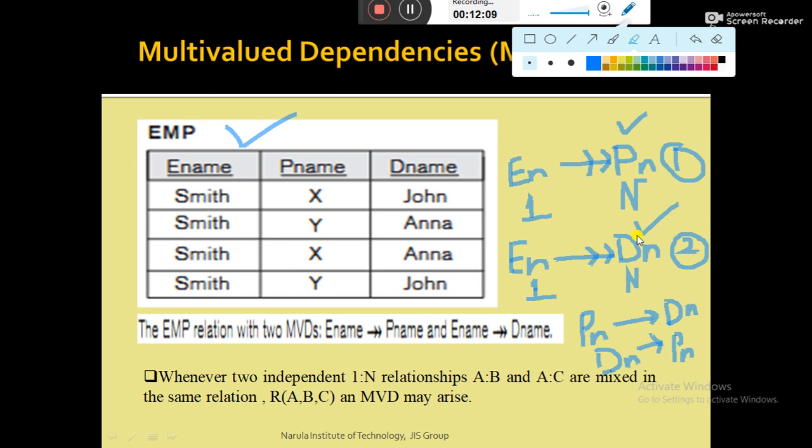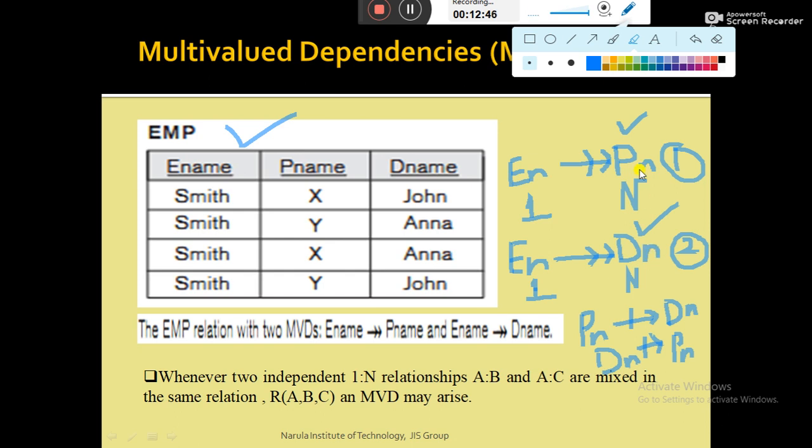They are not dependent on each other. That means neither dn is functionally dependent on pn nor pn is functionally dependent on dn. That means no functional dependency exists between pname and dname. Then we can say that an MVD, multi-valued dependency, exists in the relation EMP, and the relation EMP has two multi-valued dependencies: en double arrow pn, and en double arrow dn.